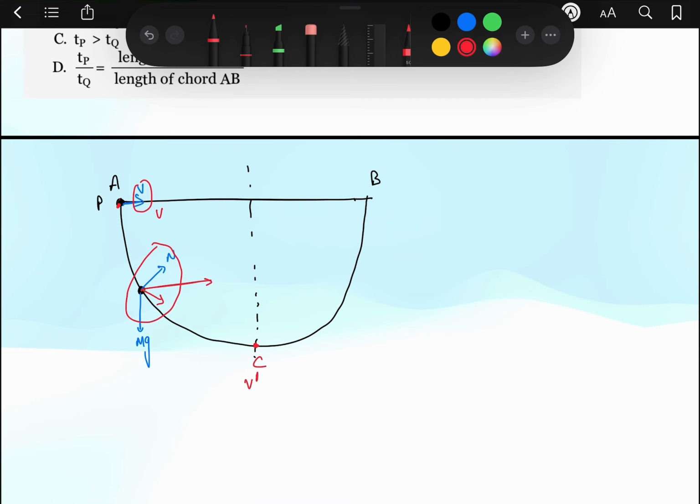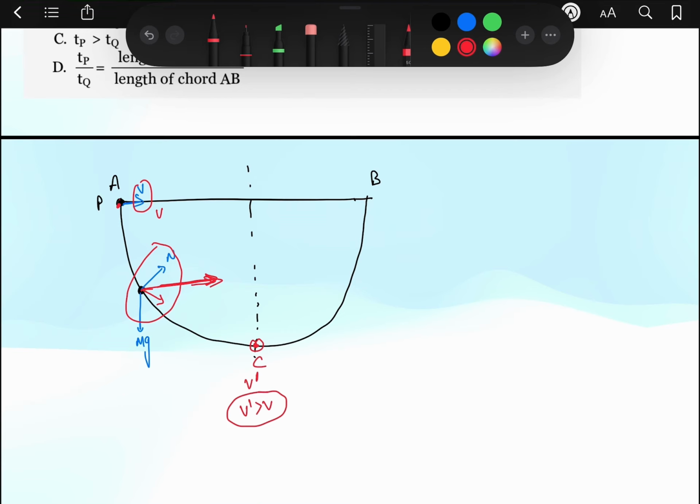And this v dash will always be greater than v, because there is a horizontal force acting on this body that will give it some acceleration in the horizontal direction, due to which this body will gain some velocity.